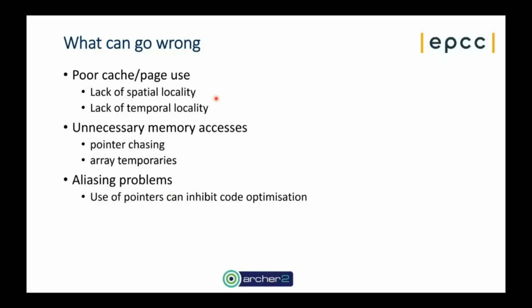So in terms of memory performance, we've had a look at some of the things that can go wrong. A lack of spatial or temporal locality, that is going through memory in the wrong orders, can really impact performance. Unnecessary memory accesses like pointer chasing, or having temporary arrays that you don't really need, or values you could recalculate, can also impact memory performance.